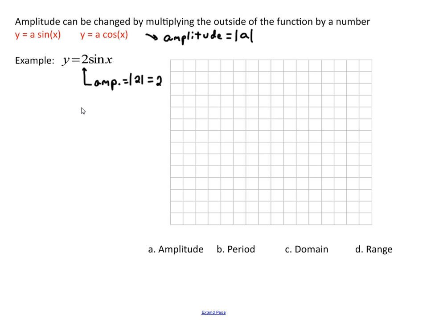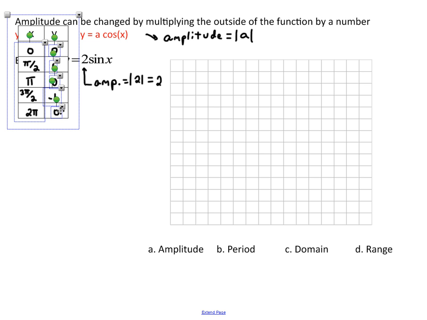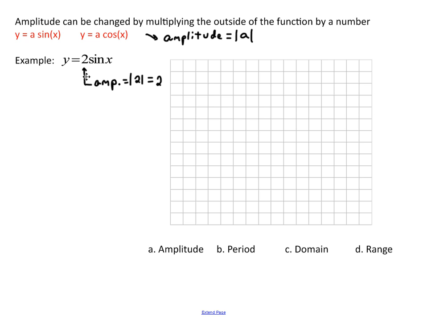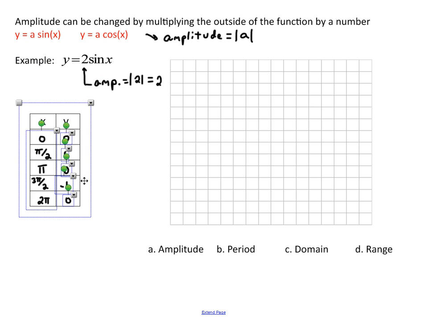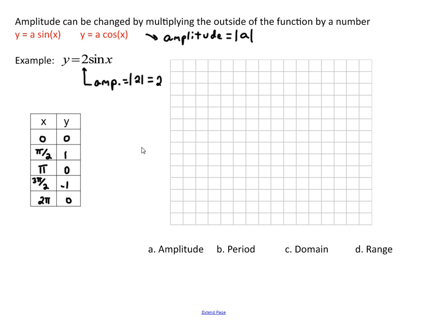Okay, so what does that change for us? Well, let's look at that table that we were just talking about in the last video for the sine of x function and how that changes our value. So here's the set of values that I had from the last slide here. These are the plot points that we would use if we were dealing with y equals sine of x, but we haven't multiplied it by 2.